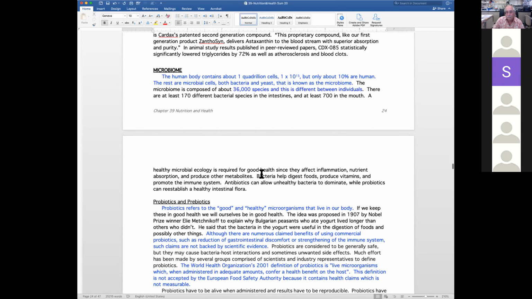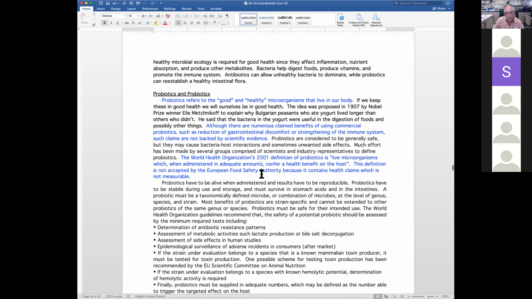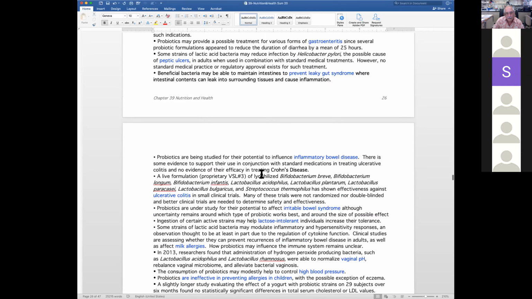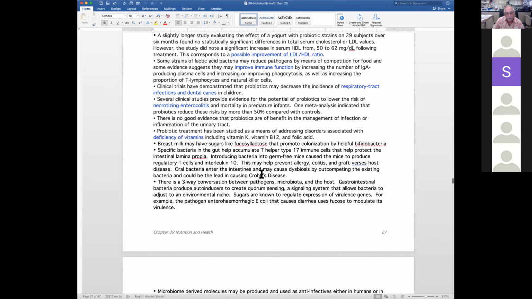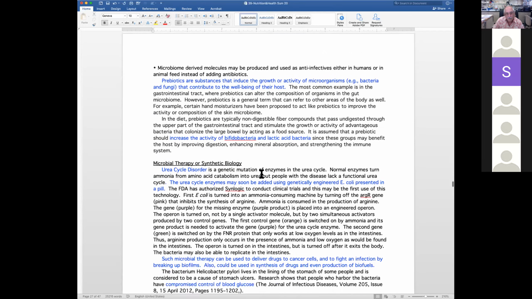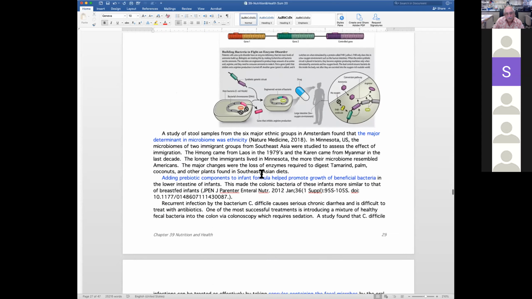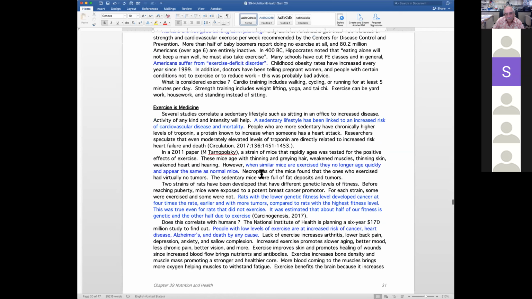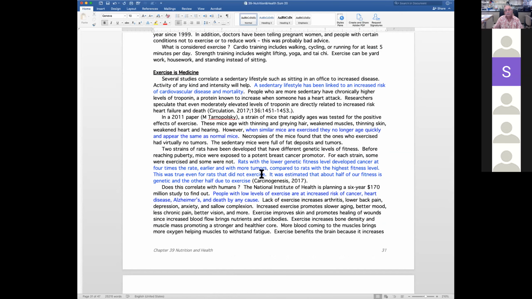So we're out of time, but the microbiome, I put a lot of words about that in there. And then exercise. I really tried to emphasize the fact that exercise is medicine.